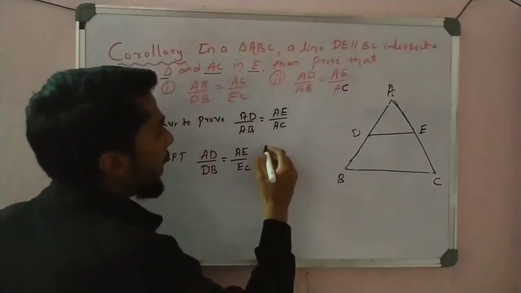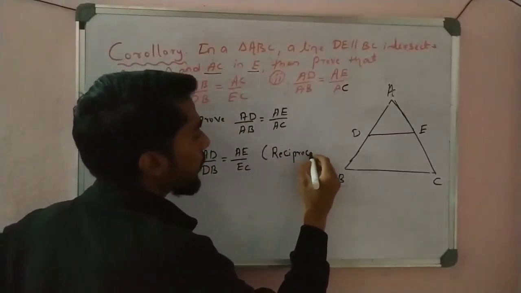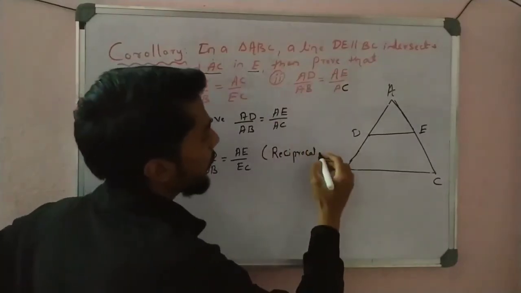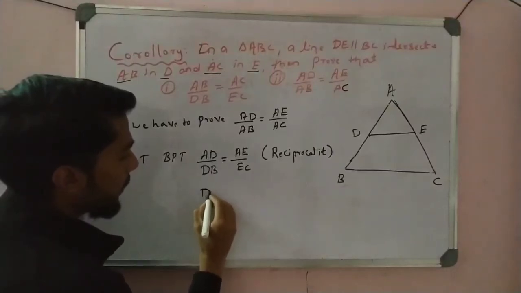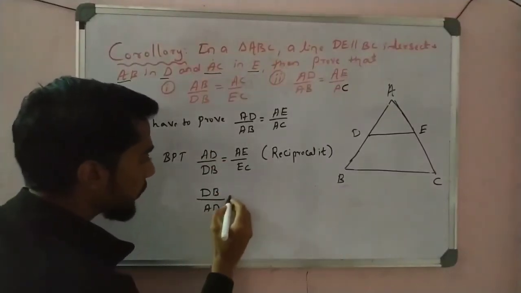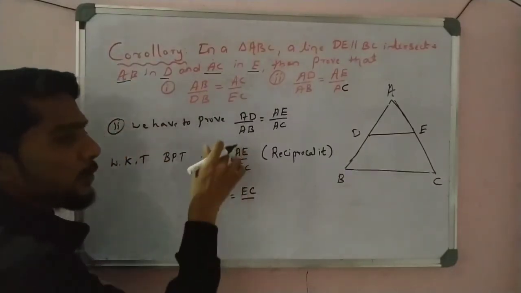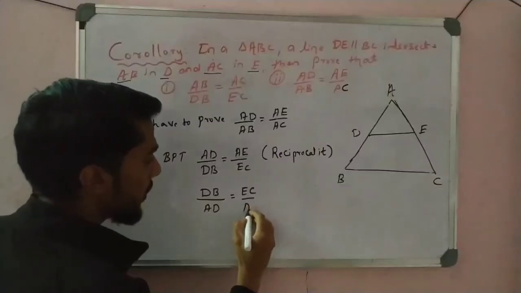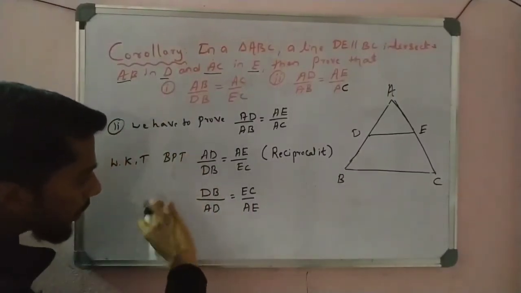Now I take the reciprocal of it. Reciprocal means flip it. What happened? The denominator becomes the numerator and the numerator becomes the denominator.